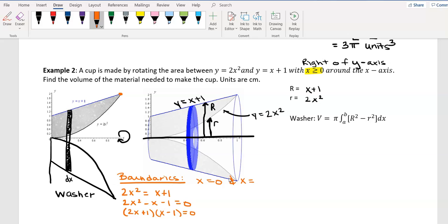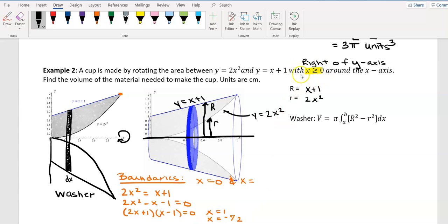And when you set both of those equal to 0, one of them would equal 1 and the other would equal negative 1/2.